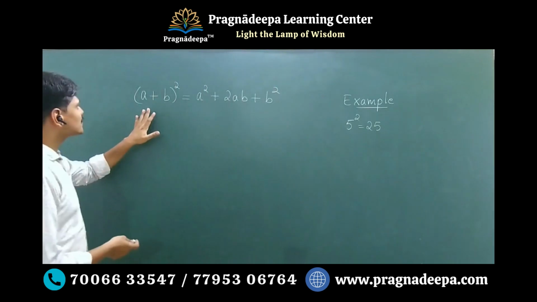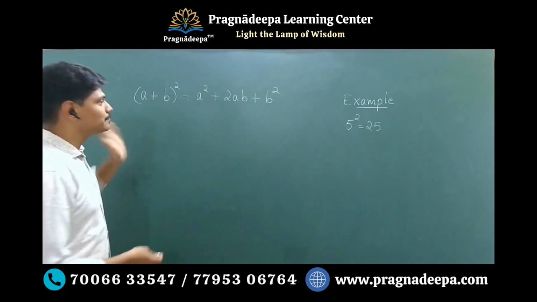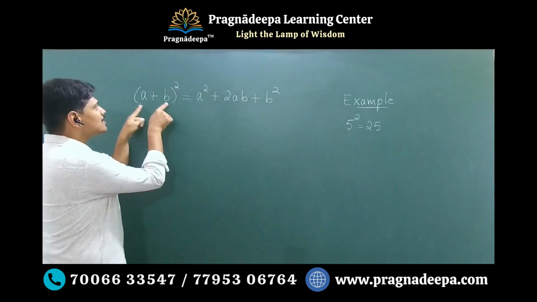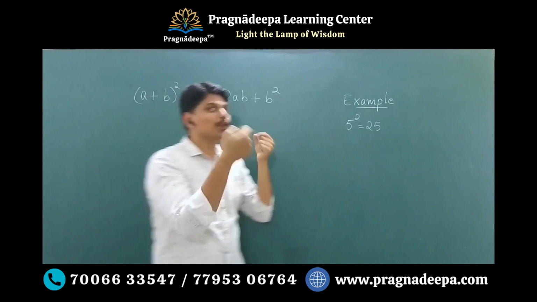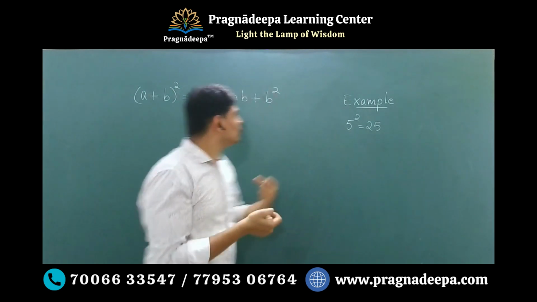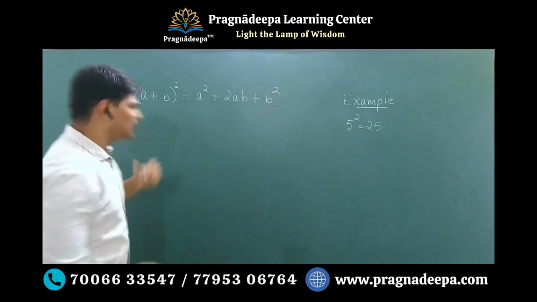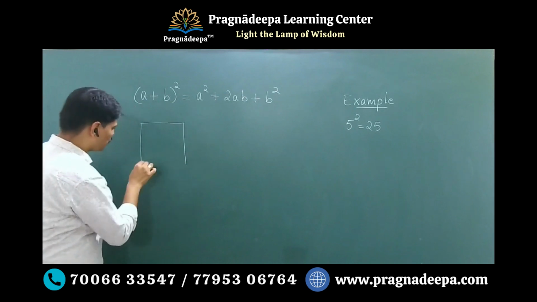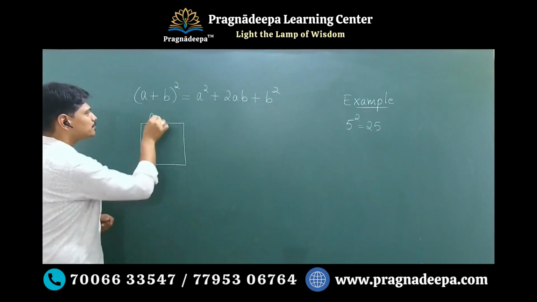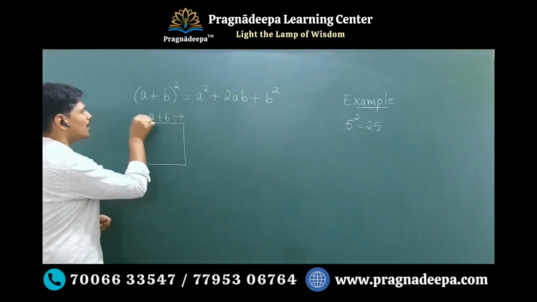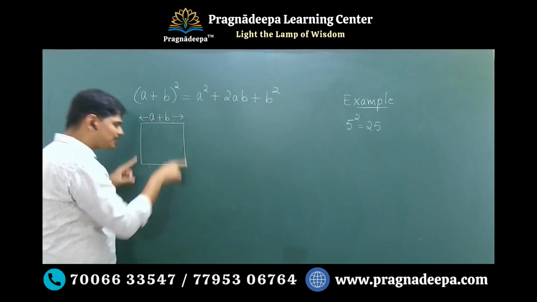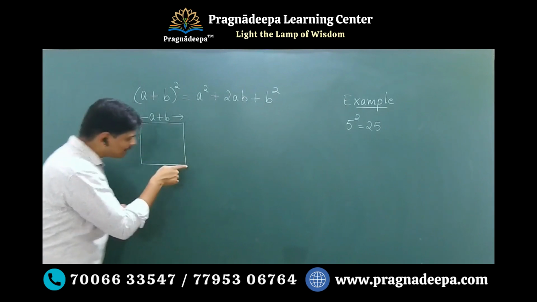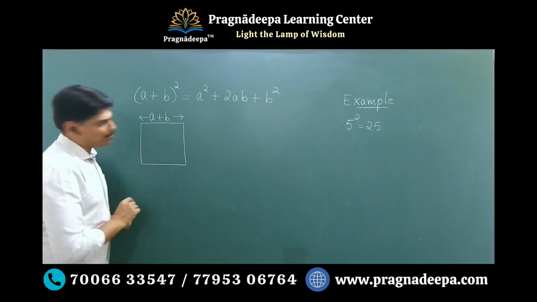So in the same sense, students, let's try to understand the left-hand side. Keeping this example in mind, if I consider a square with length a + b units, the area of the square will be (a + b) the whole square. So suppose I take a square with the length a + b. All four sides are equal, so this length is a + b, this length is a + b, and this length is a + b.